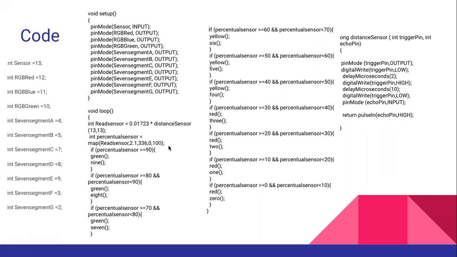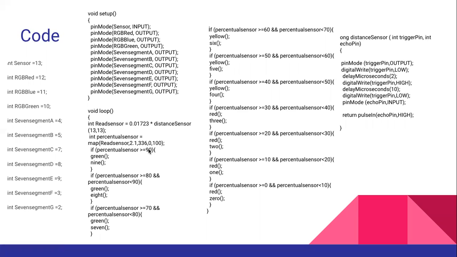Then we use that value, which we call the variable percentual sensor, in a series of ifs, and depending on the number that the variable percentual sensor had, it will display something and turn the LED on in some color.